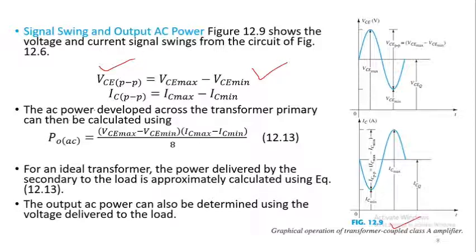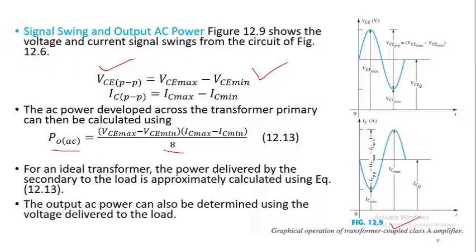And the AC power developed across transformer primary can then be calculated using this relation, which is P_o(AC) equal to (VCE max minus VCE min), that is आप peak to peak value find कर रहे हैं, into (IC max minus IC min). Again IC की peak to peak value find कर रहे हैं, so P is equal to VI divided by 8. So this relation is the relation of AC power developed across transformer primary.